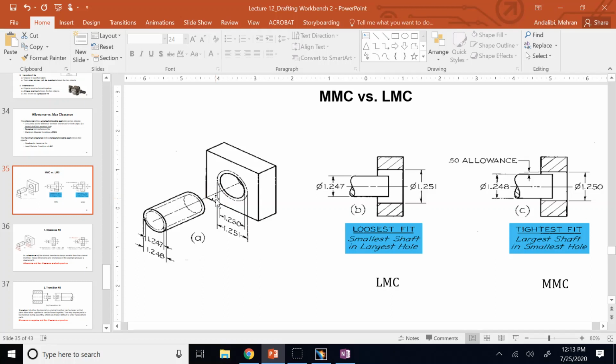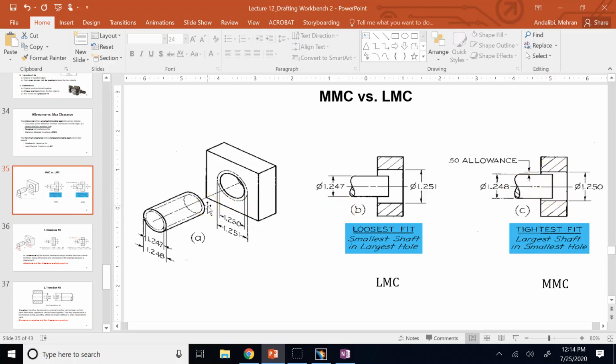Yes, if you want the smallest gap between the two parts, you need to have made the shaft the biggest and the hole the smallest. So you expect the hole to be 1.250 and the shaft to be 1.248. So the smallest gap is what? If you subtract the shaft from the hole, it's always the size of the hole minus shaft in a hole-based system. So it is going to be positive 0.002. That's the smallest gap.